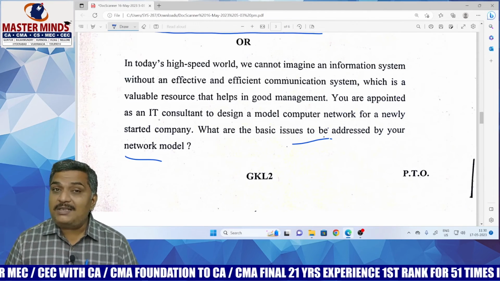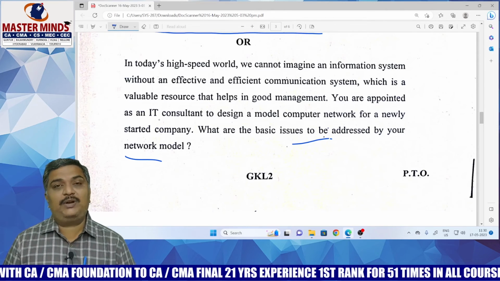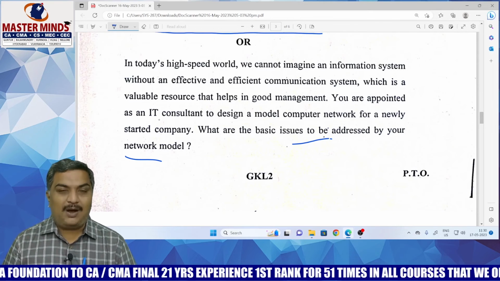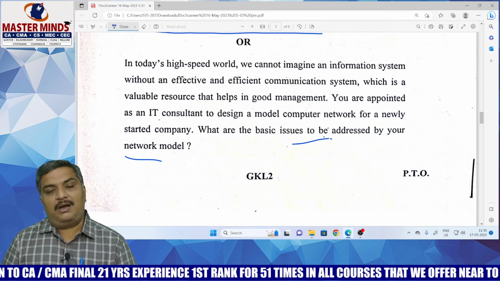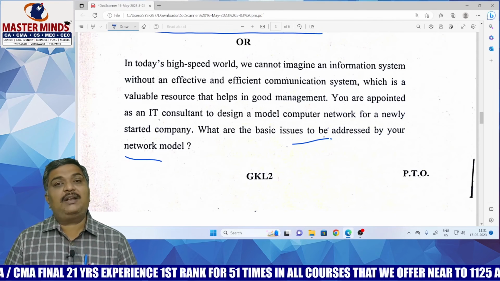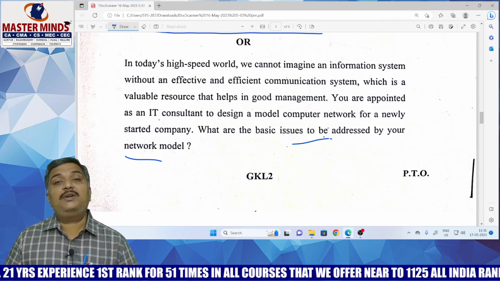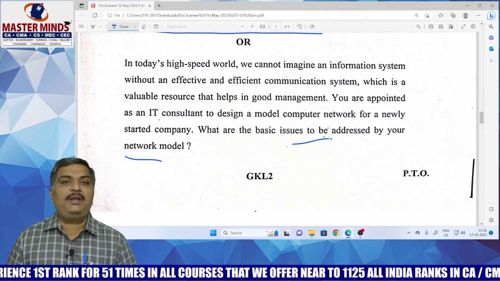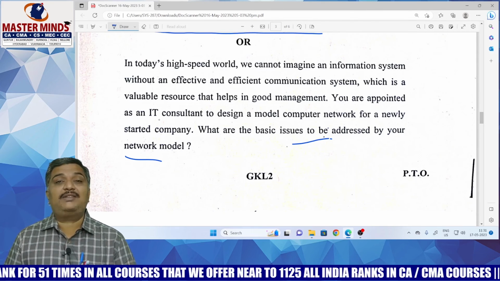And the last most important issue that an IT consultant should address is resilience issues. Whenever the network is down for various reasons, immediately it should recoup and start working with least disturbance. So whenever you design a network model for an organization, resilience should be the topmost criteria. It should have a very high resilience rate.